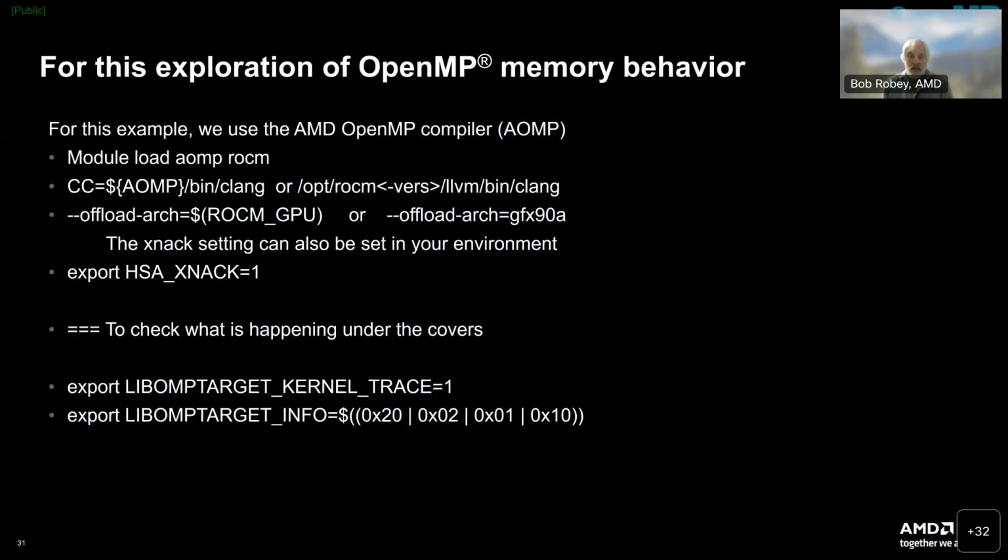And then we can see what happens by using this LIBOMPTARGET variable. There's a kernel version of that and also a more detailed info version that uses a bit mask to identify what things you want to see.